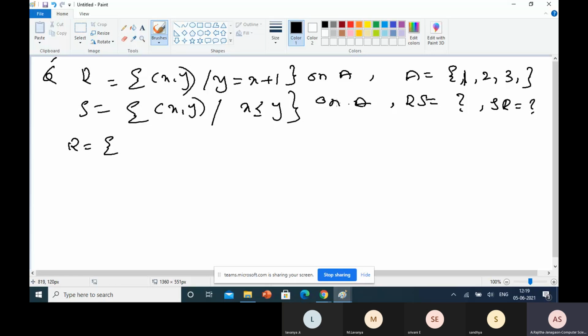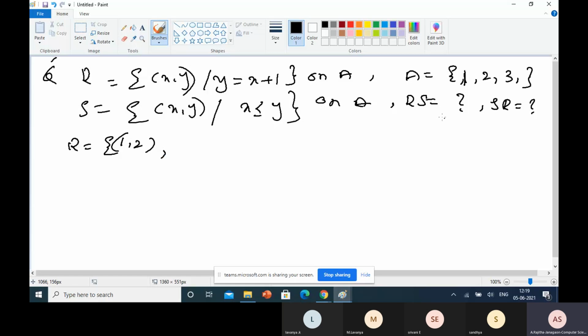You can take 1, then x plus 1 is 1 plus 1, 2. Next, 1 plus 3 is 4, and that 4 is not present in A, so we are not taking that.